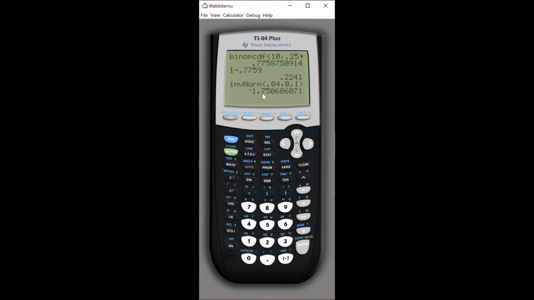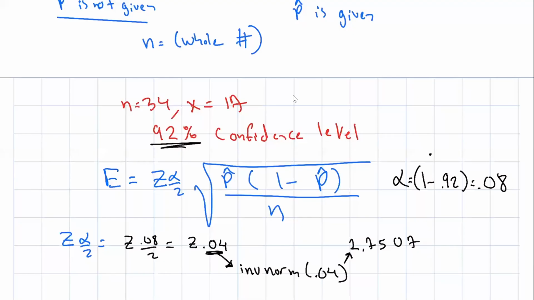All right. So we get 1.7507. And just remember, since we're finding this for the margin of error, always put the z value as a positive. Okay, that's our answer.